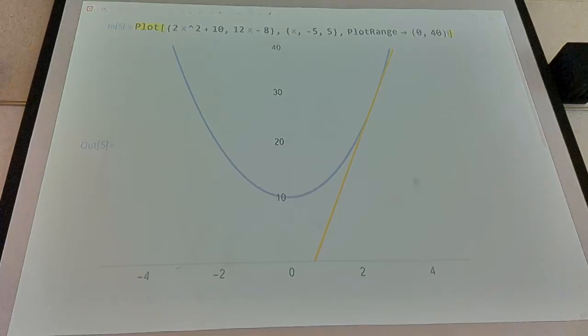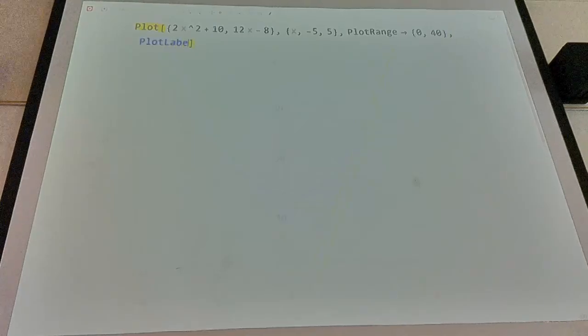There are other options I can include. So I could include a plot label.